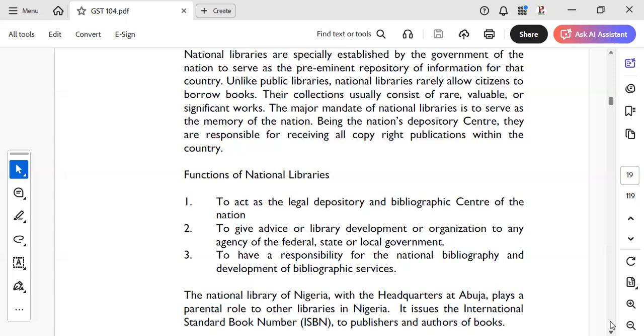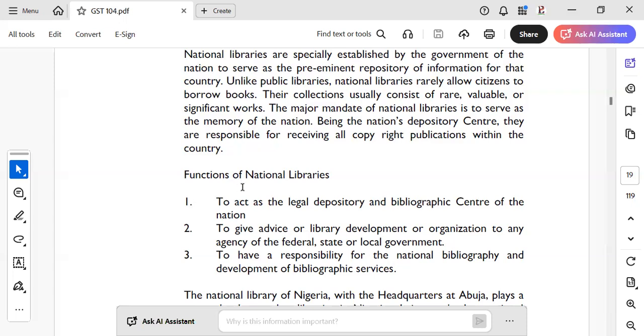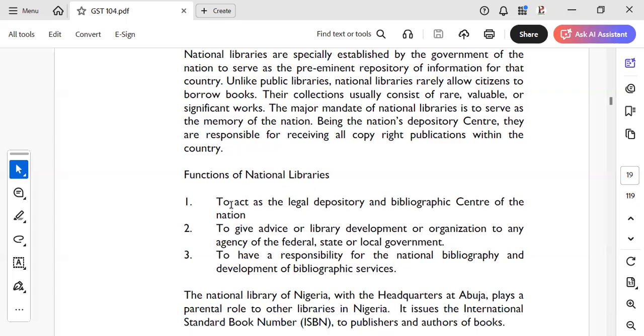National Library. Now, functions of national libraries: to act as the legal depository and bibliographic center of the nation. So national libraries record every year's events. Maybe this year or last year was the year a country gained her independence. The library will record it.